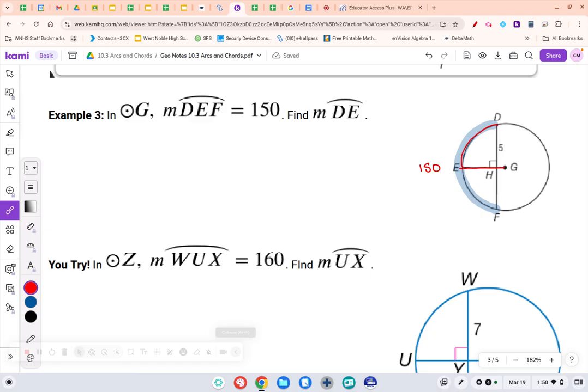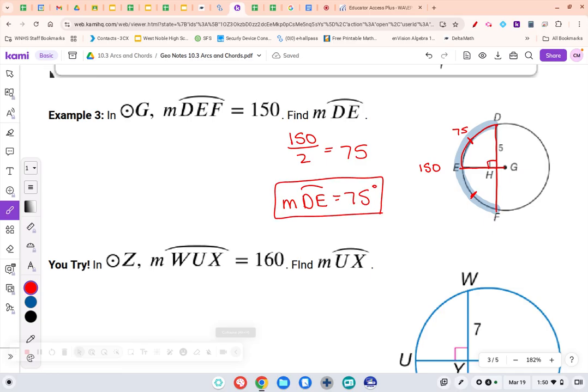Because this is a radius that cuts the chord at 90, we are guaranteed that these two arc segments are congruent. So to solve, all we have to do is take the total divided by 2, and that will find each half. So the measure of arc DE is 75. Each of these work together to get the total of 150.